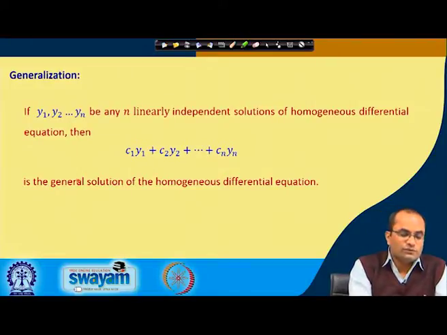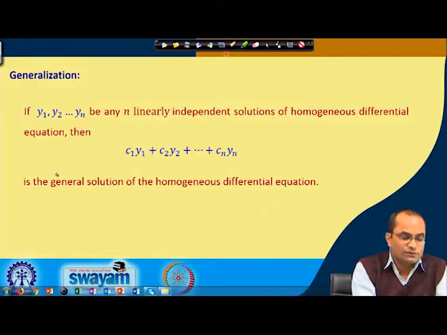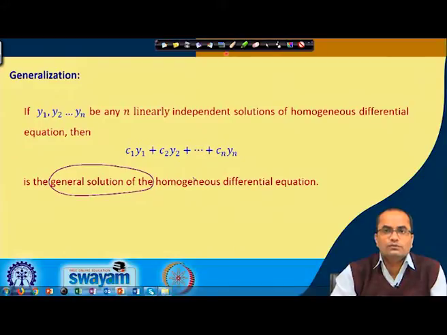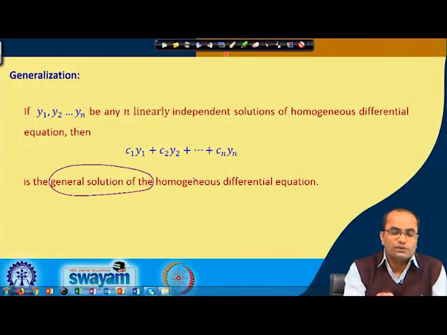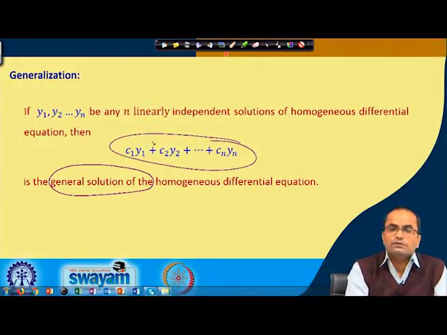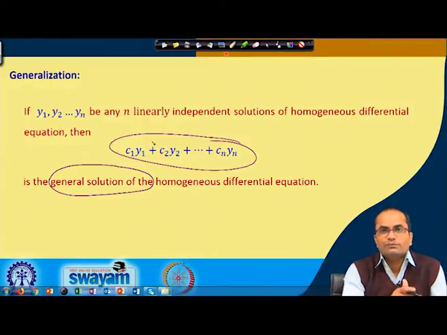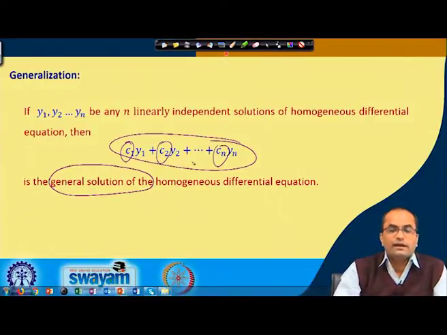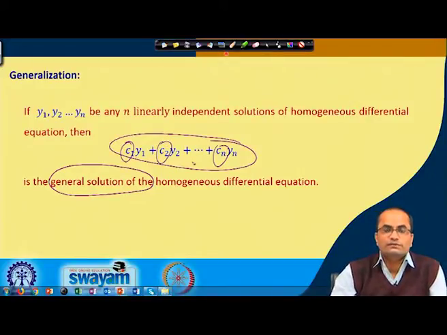And not only a solution, we now use this term, the general solution of the given homogeneous differential equation, because this is a solution of the given differential equation, that we can prove like we have done for two functions, and this solution has n arbitrary constants. So, that was our definition of the general solution, which was introduced earlier.